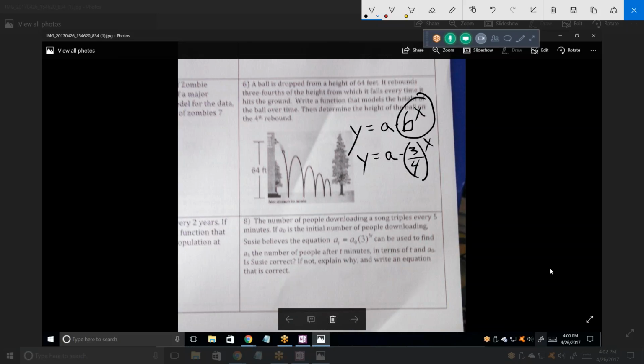In other words, they want the function, and the function has a number for a and a number for b, and has y and x as the only variables. Yeah, it gives us a couple of numbers, but let's first of all solve for the function. In other words, we need a. So a is 64, right?